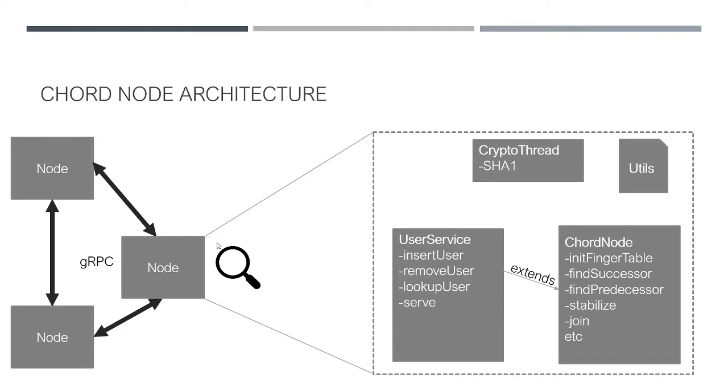And if we zoom into our nodes, you can see some of the different components here. This shows some of the internal software architecture. Basically, we've written things such that we have a Chord node library, which provides some of the base functionality for building a distributed hash table using the Chord algorithm. And then our application-specific logic, in our case the Stack Overflow user service, extends that.